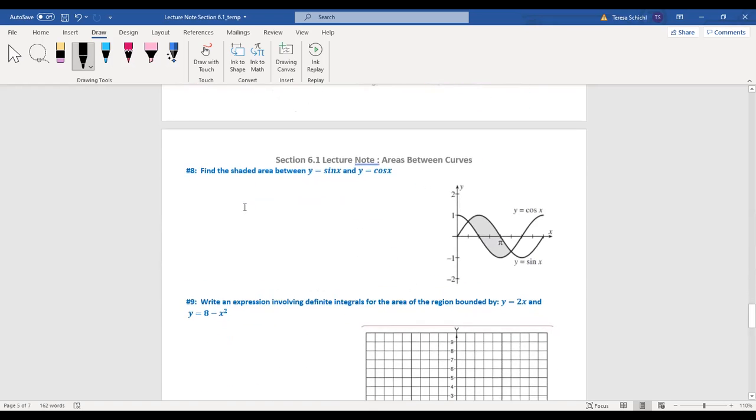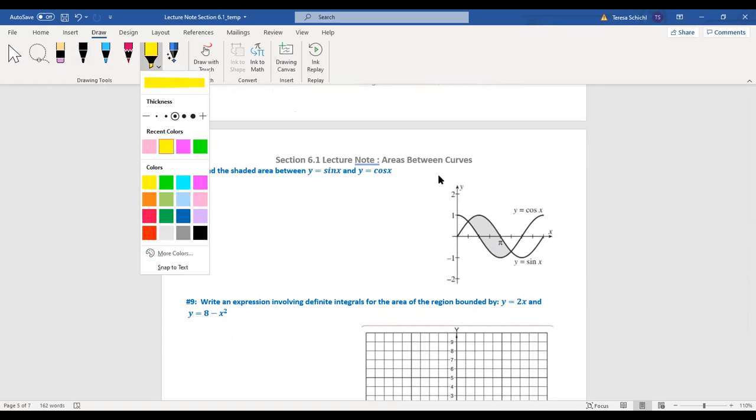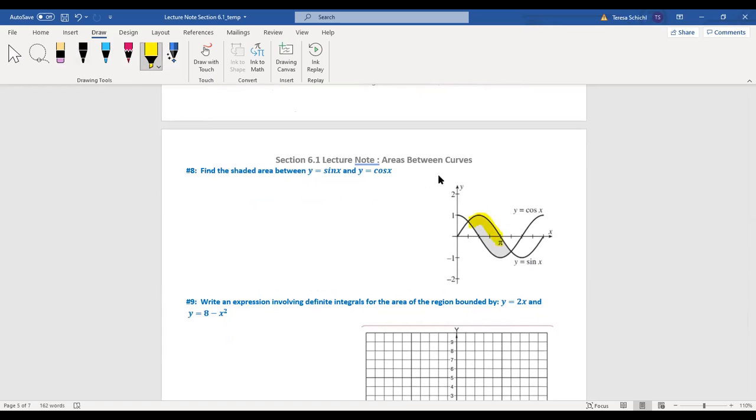Okay, so now the next one is here. I'm going to find the area between these two curves here, between the sine x and the cosine x. Like we said, the first thing here, in order to do that, what do we need to do?